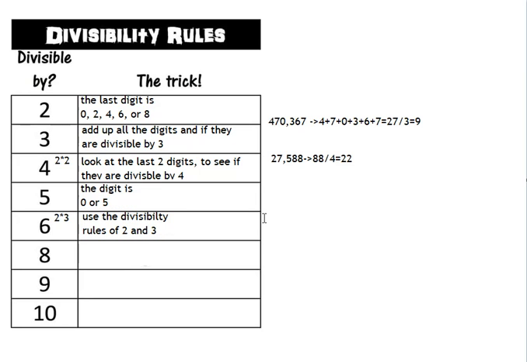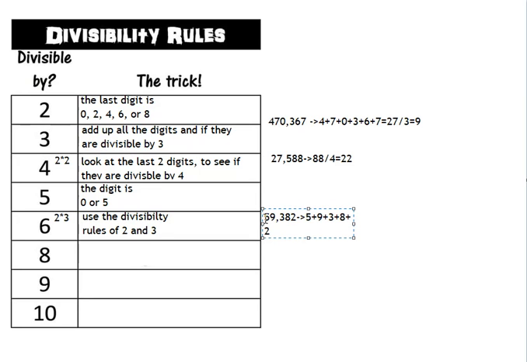So if you have the number 59,382. Well, you can see it's already going to be even, so it's going to be divisible by 2, and then you add up your digits. 5 plus 9 plus 3 plus 8 plus 2.